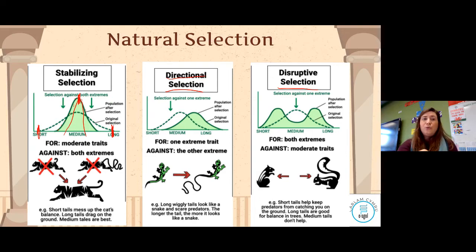So the average, the normal that we saw, is not advantageous, and it's selected against. So over generations, a lower and higher value are selected for. Because this wasn't advantageous, they went for another one. Okay, something else was selected for.